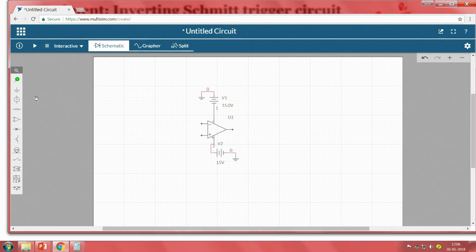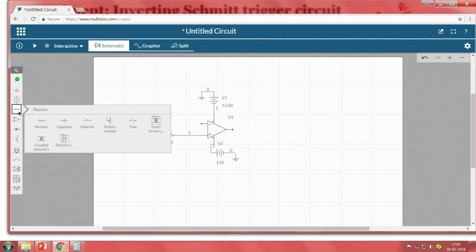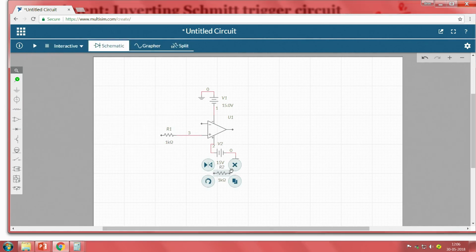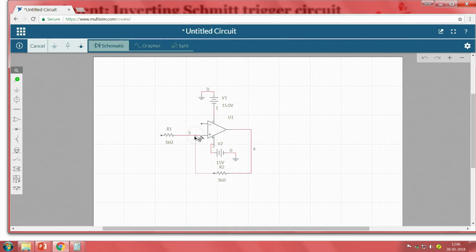Now, the next thing is we have to take resistors and connect them. We know that since it is an inverting Schmitt trigger, right, it should always be a positive feedback. So, I am connecting one resistor to the positive terminal, and one more resistor for the positive feedback from here to here.